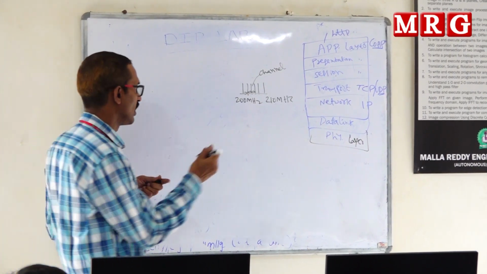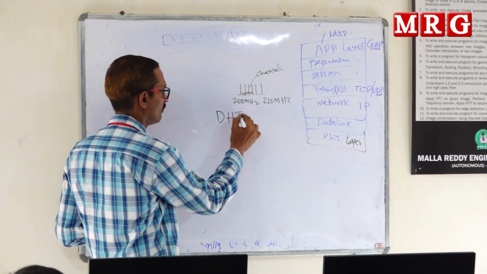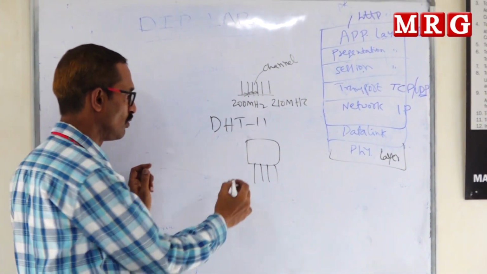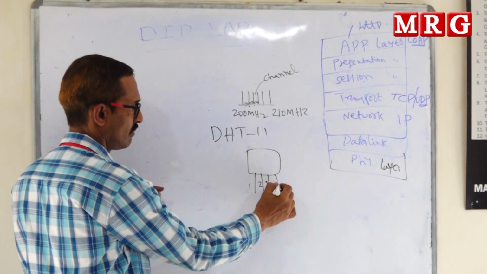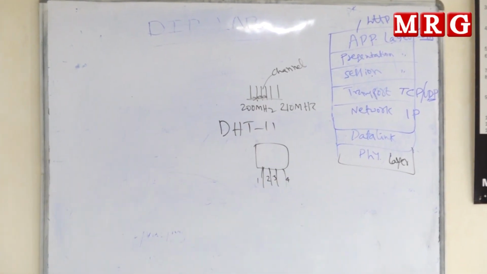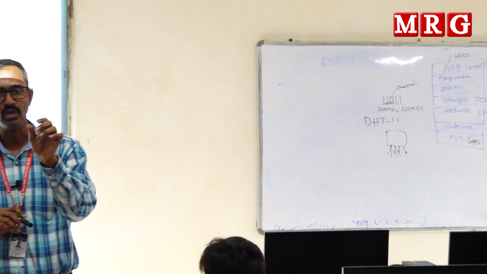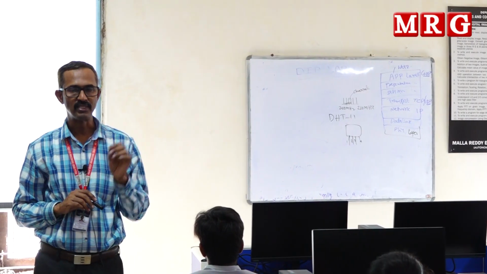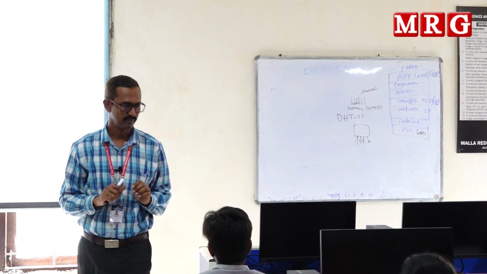If you open Google and type DHT11, it will look like this, 4 pins: 1, 2, 3, 4. Every sensor has a number. If you type it in Google, you will get the details: what the pins are and what they are used for. Every pin description you can find.